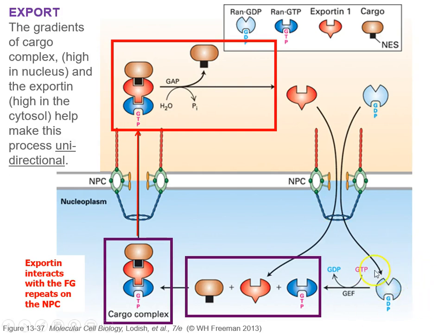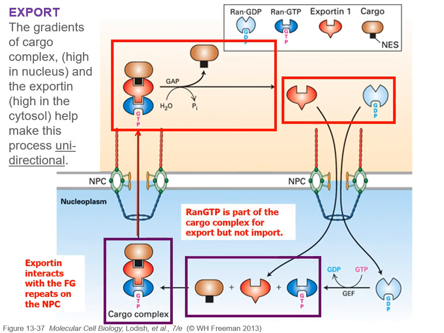And once the RAN-GDP is there, the GEF then has to do the swap of the GDP to GTP to convert the RAN-GDP back to RAN-GTP in order to start the whole cycle over again. All right, so notice that the RAN-GTP is part of the cargo complex for export but not import.